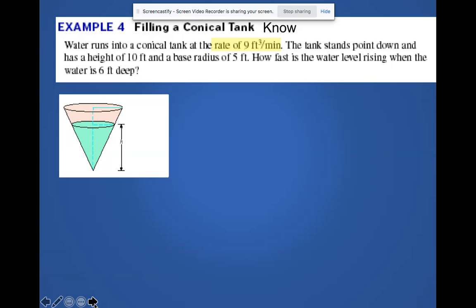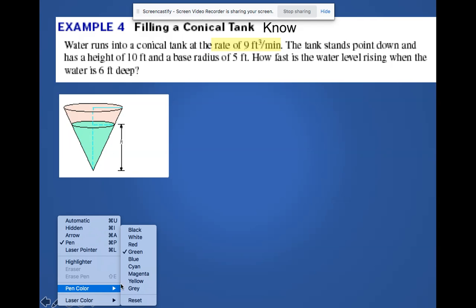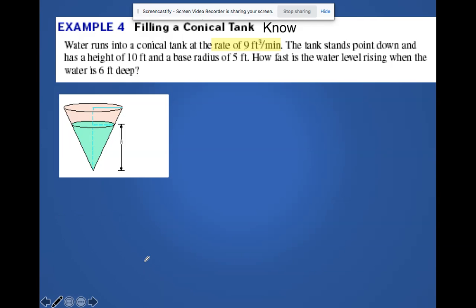So it's giving me some dimensions here. How fast is what I want to know, when the water is 6 feet deep.